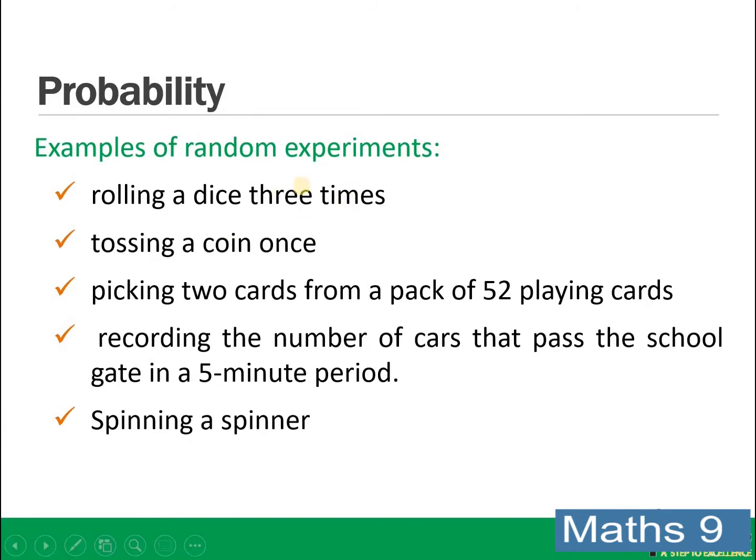For example, different numbers that are rolled on the dice, heads or tails, different things on the cards, different numbers of cars, and a different result on the spinner. And they are all random experiments because we're not sure what the outcome is going to be. For any event E, 0 is less than or equal to the probability of E, which is less than or equal to 1.